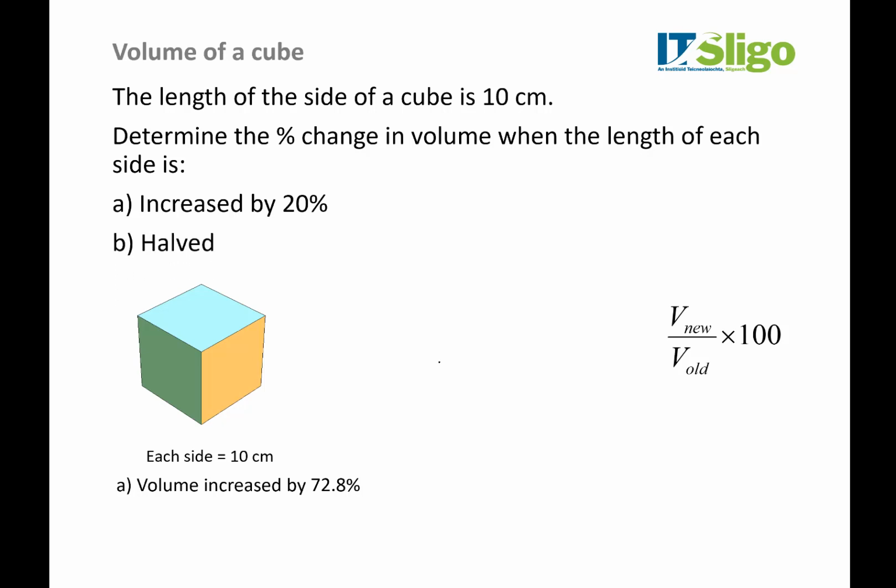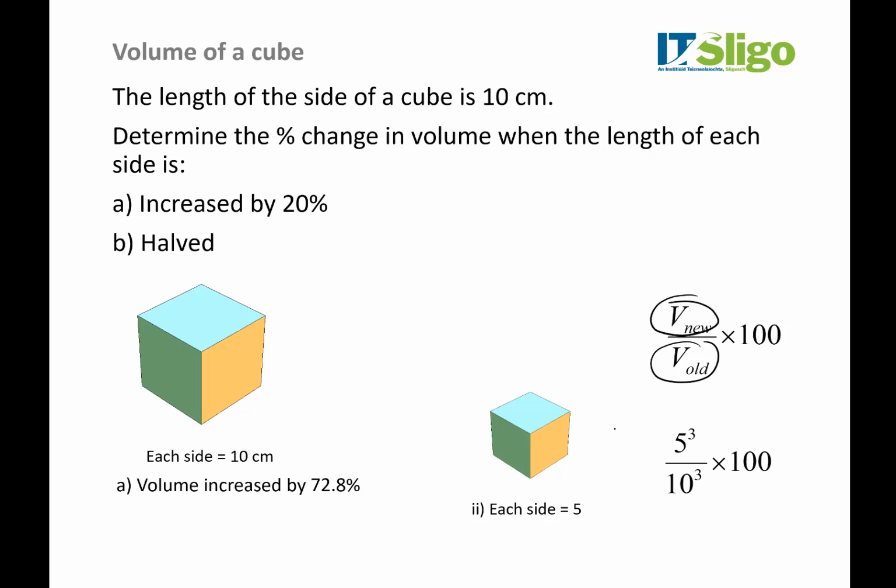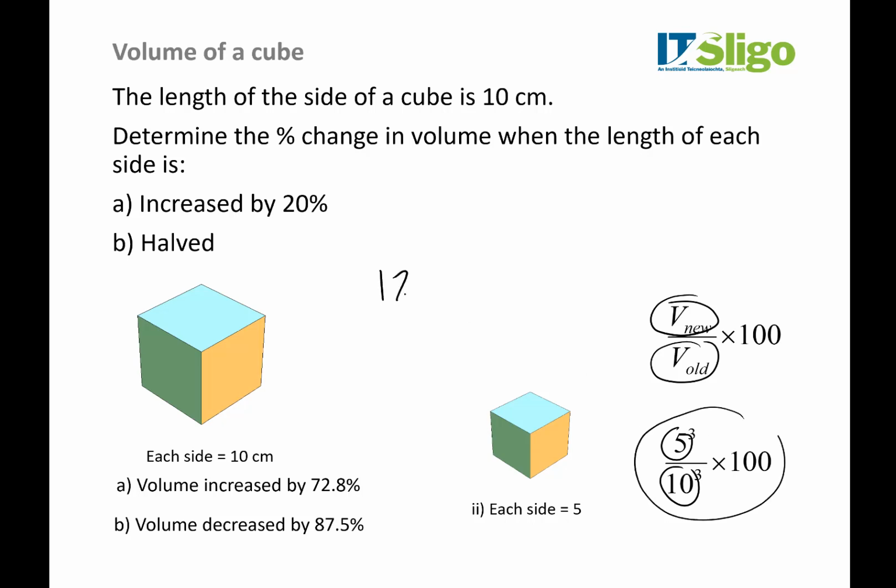Now part B, what happens if the sides are halved? So now it's still the volume of the new one over the volume of the old, 5 cubed over 10 cubed. And now the volume is decreased by 87.5. When you actually work this out, what you'll get is 12.5%.